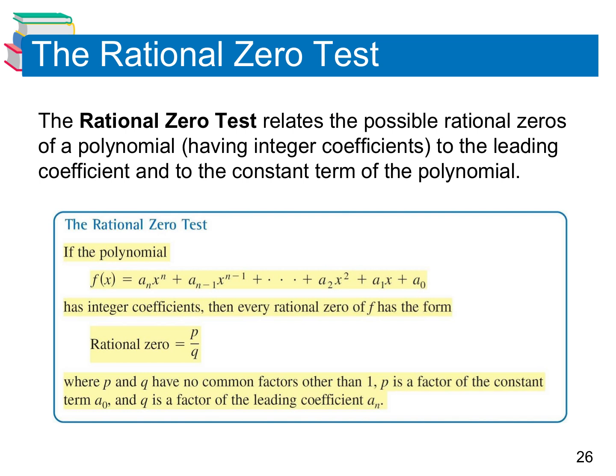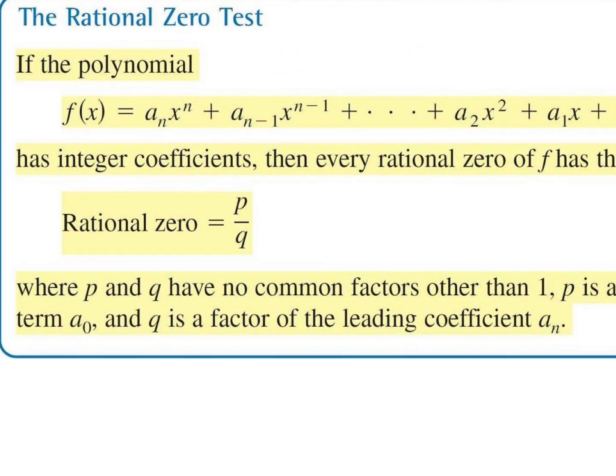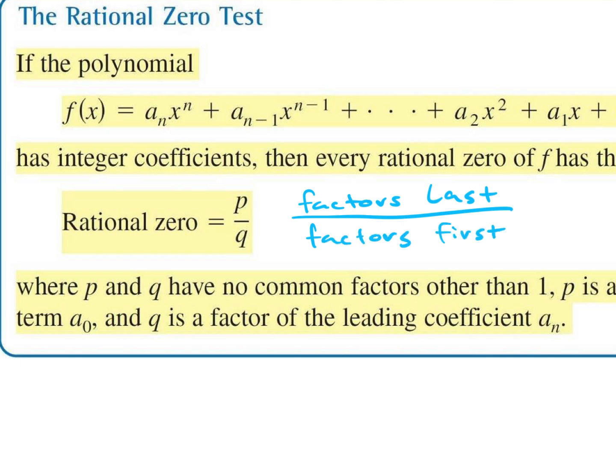So to do this, we're going to use the rational zero test, or rational root test. The rational zero test: we find factors of the last term, the constant, over factors of the first, which is our leading coefficient.